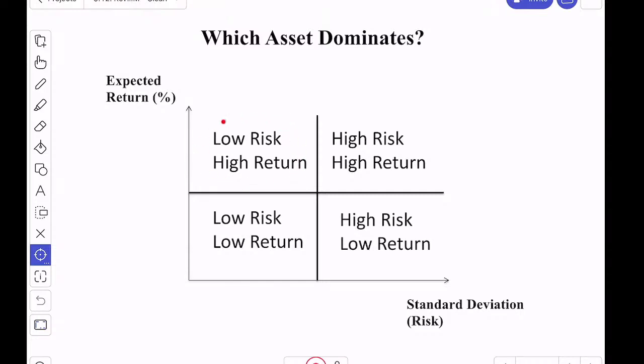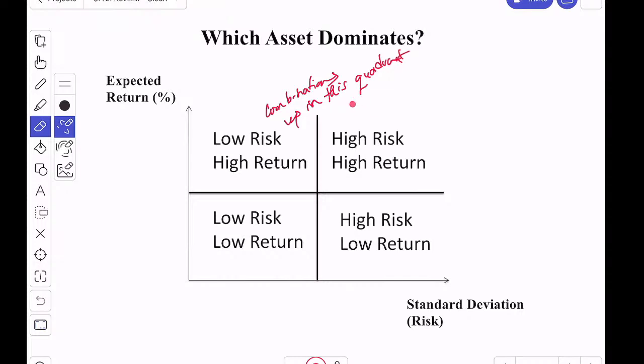These are all the portfolios up here, any combinations up here in this quadrant are preferred or dominate the others. Other quadrants.